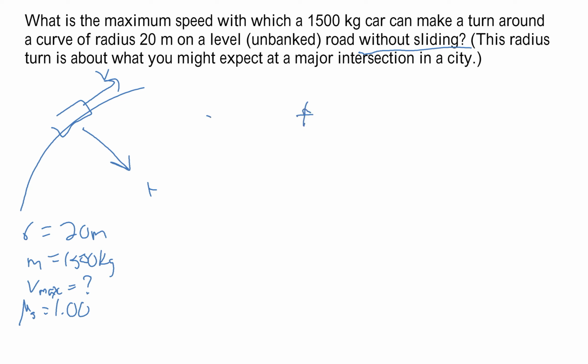We have our vehicle. We have the x-axis pointed towards the center of the circle. We have the y-axis perpendicular to that. We have, for our vehicle, the weight down, the normal force up. We have the static friction force directed towards the center of the circle, F sub s.